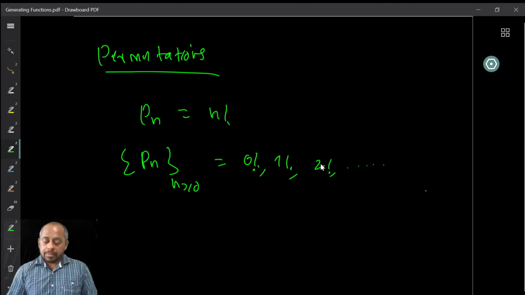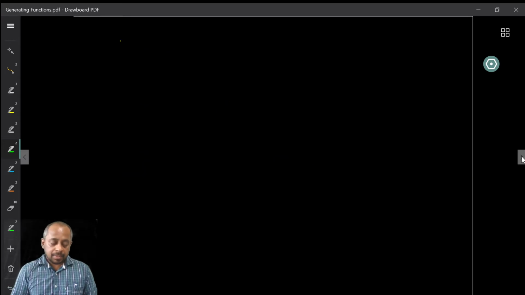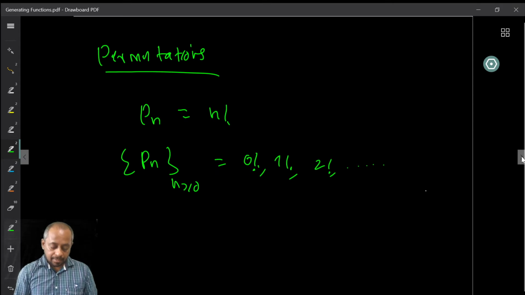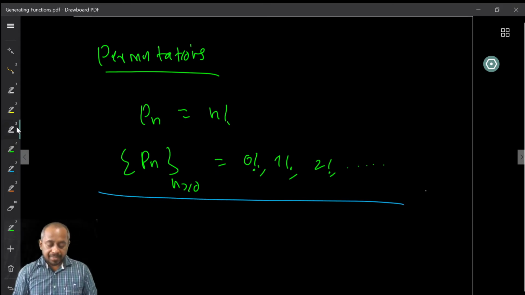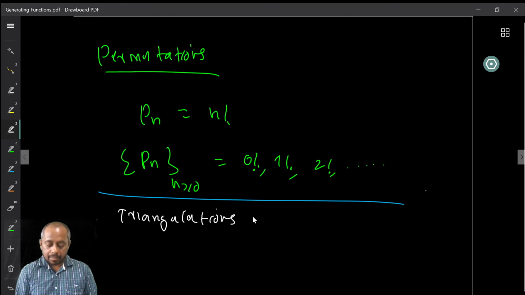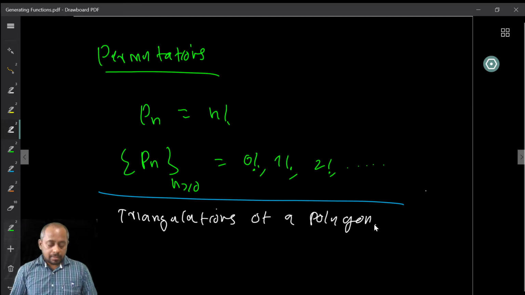One more example, if you want, you can look at triangulations of a polygon. What I want to say is that you have, let's say, a polygon like this.